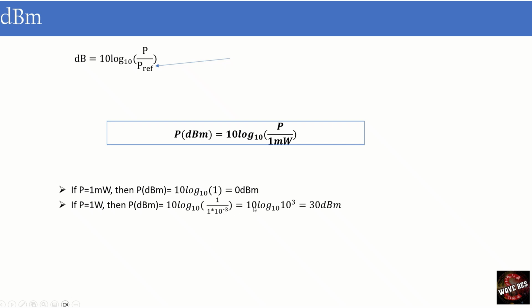So this will become 10 log 10 of 10 to the power of 3. That gives 30 dBm. 1 watt corresponds to 30 dBm. And it is mainly used to specify low power signals like Wi-Fi, Bluetooth, and cellular signals, as it is specified with respect to the milliwatt power.